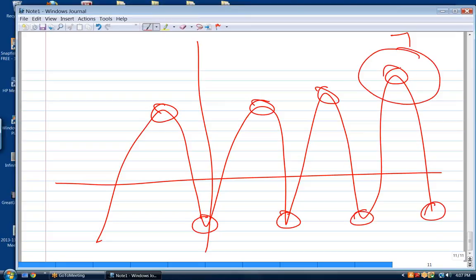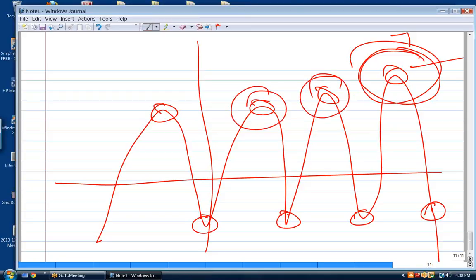Actually, this one might be an absolute max the way I've drawn it, because the absolute minimum is negative infinity, and this represents the highest point on the function, no matter from negative infinity to positive infinity. That would be an absolute maximum, but each of these would be relative maximums, merely because they have points to the left and to the right that are smaller.